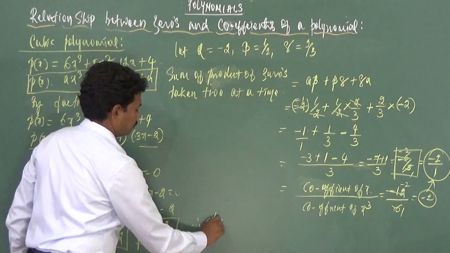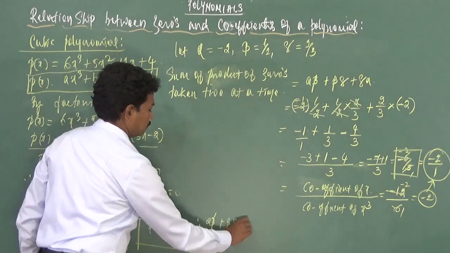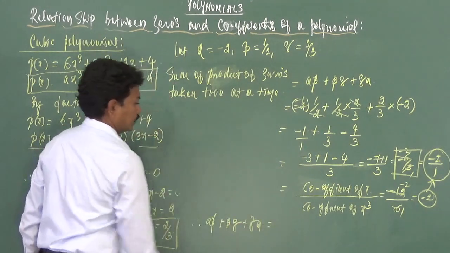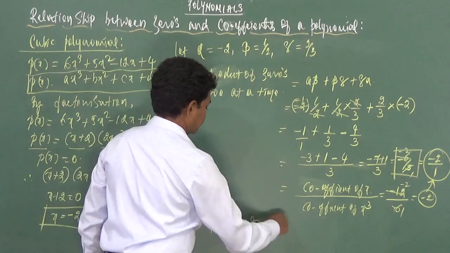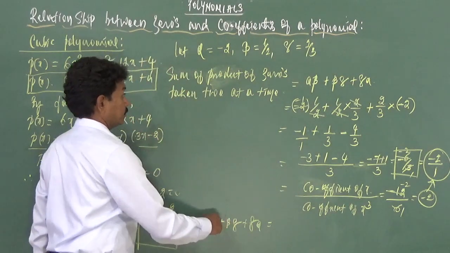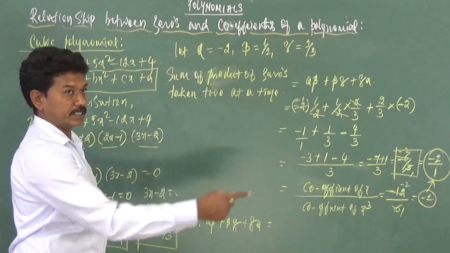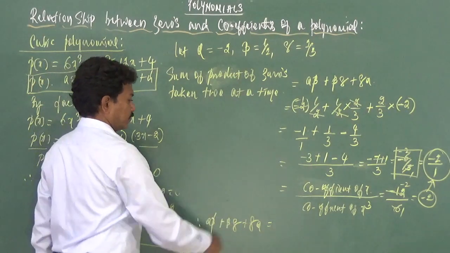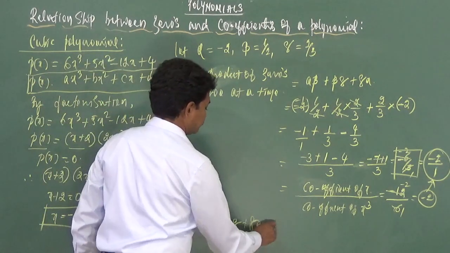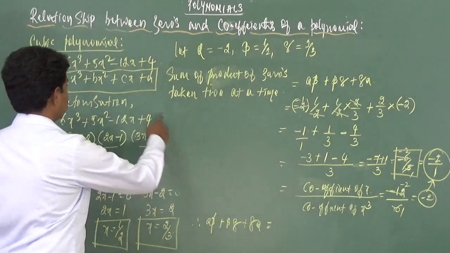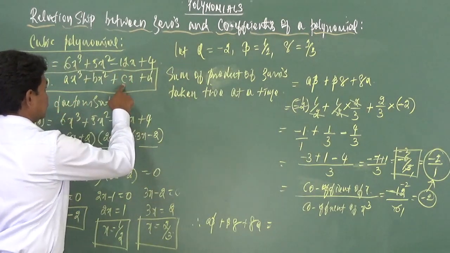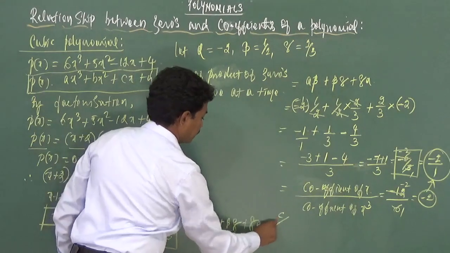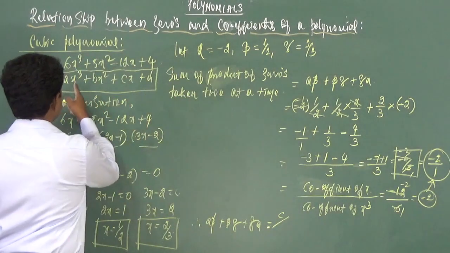So therefore alpha beta plus beta gamma plus gamma alpha is equal to, if you want the sum of the products, the sum of the product of zeros taken two at a time, if you want the direct answer for this, go with coefficient of x. Coefficient of x is c by coefficient of x cube, that is a.